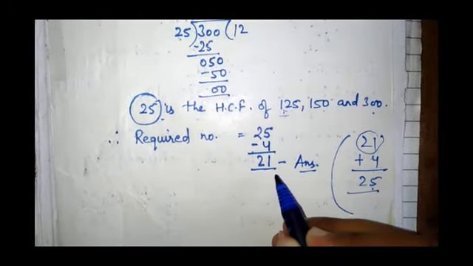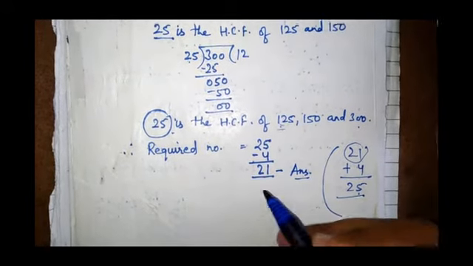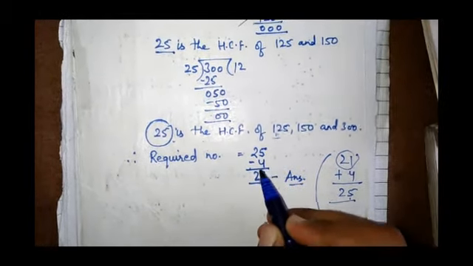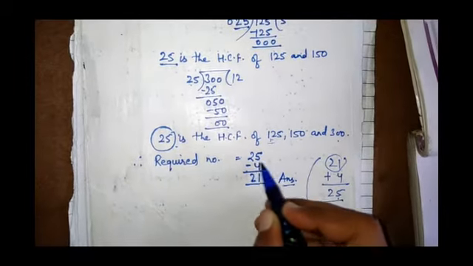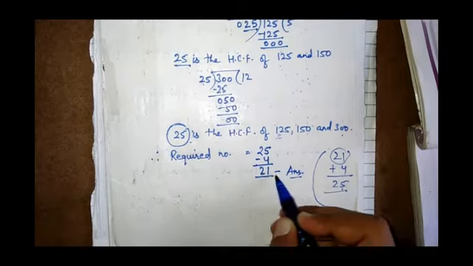Okay, don't get confused with the term increased. It has been increased by 4 means it is already increased by 4. You have to remove that 4 and then show the given number, right? So 21 is the answer.